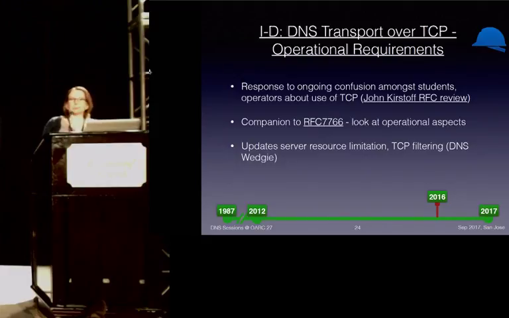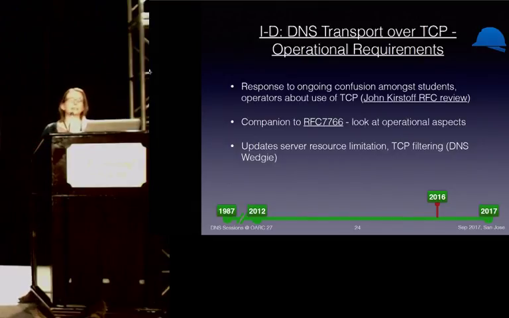So that was dealing with the implementation requirements, but there was still a huge amount of confusion over the operational side of things. So far I've very much concentrated on the specifications, but John Christoph in particular was quite instrumental in saying, hang on, we have all this stuff in specs, but I'm talking to students, I'm talking to operators, and there's still no definitive recognition of what we should be doing here.